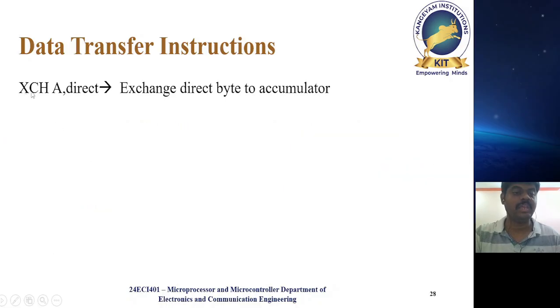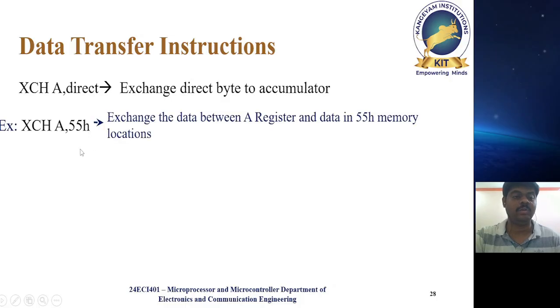The next instruction is XCH A, direct. Here also we exchange the data between the accumulator and the direct byte. Previously the exchange happened between two registers. Now the exchange happens between the A register and a direct memory location address. Same, XCH A, 55.